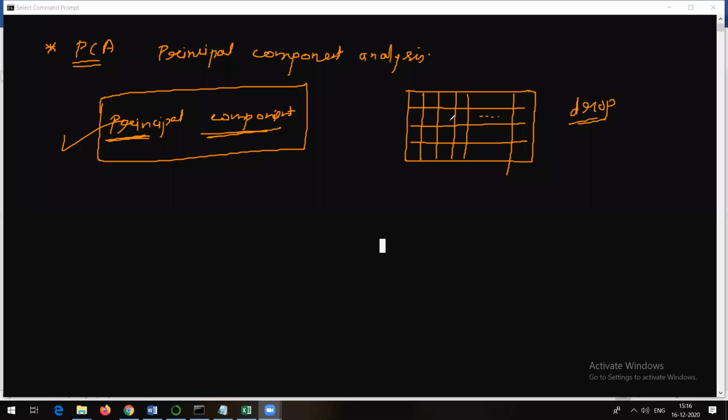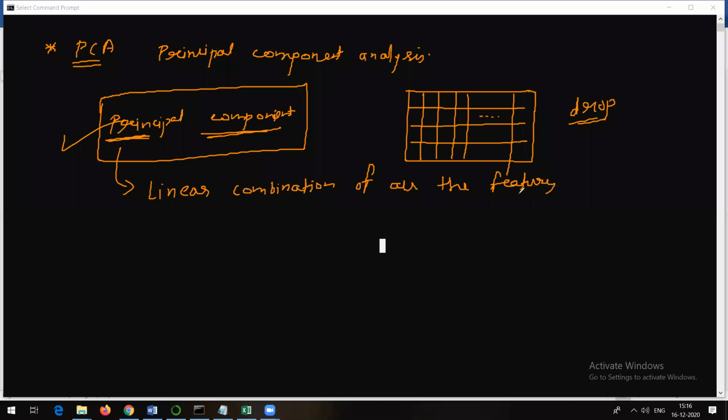See, maybe you might be knowing about the theoretical aspect of that. Just try to understand. Principal component is nothing but a linear combination of all the columns, a linear combination of all the features. That's how simply I can define it.